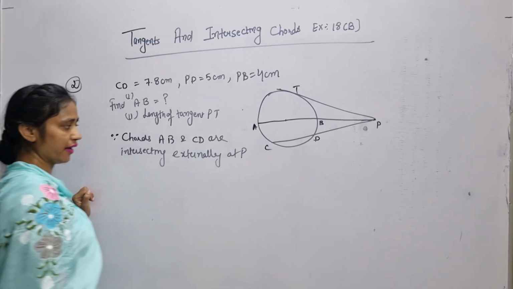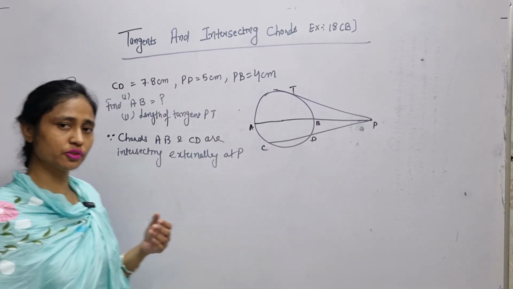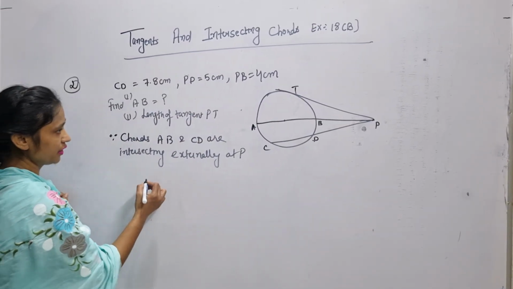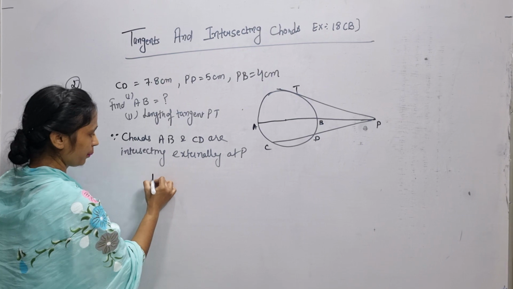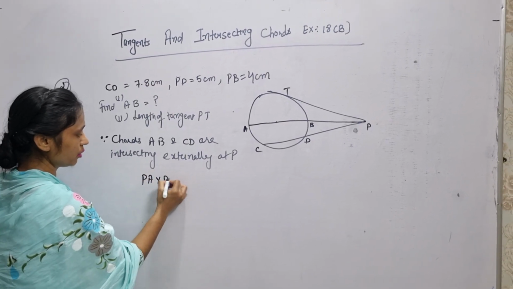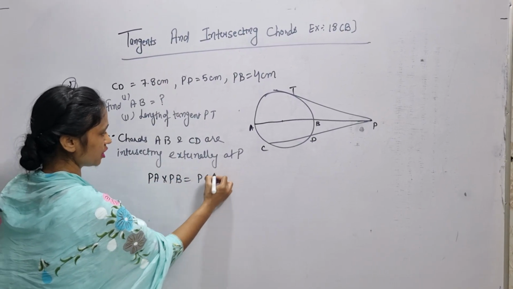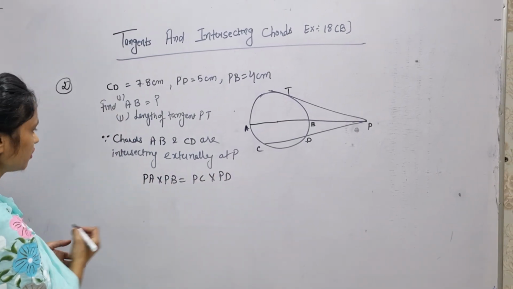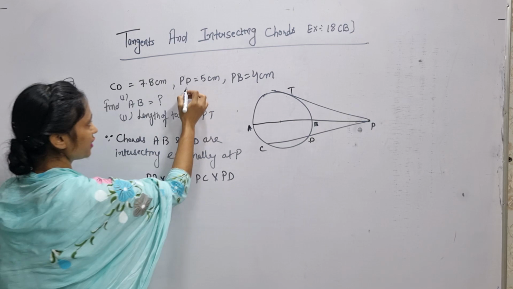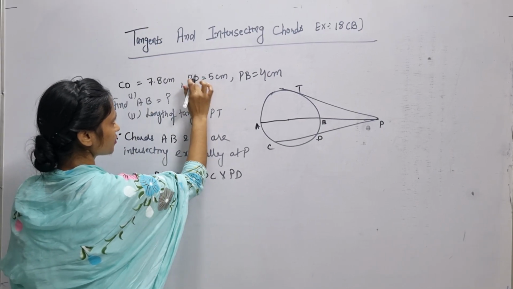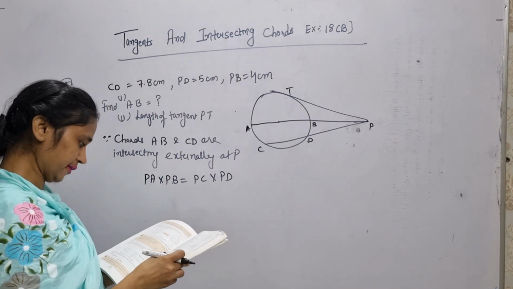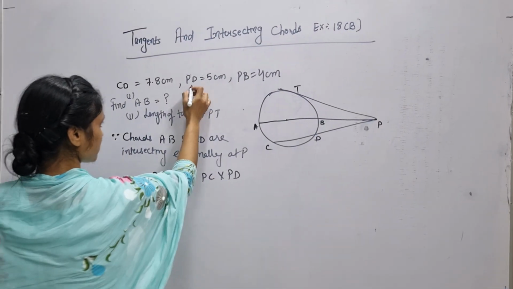then we know that the product of the segments of the chords are equal. That means PA into PB will be equal to PC into PD. Okay, what is given to you? PD is given, yes.